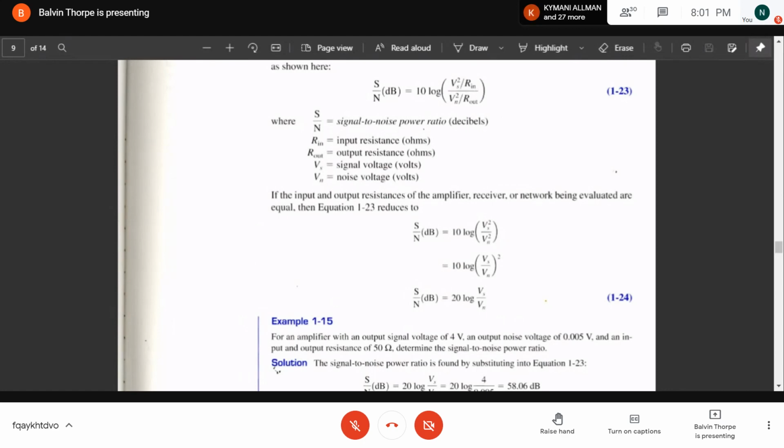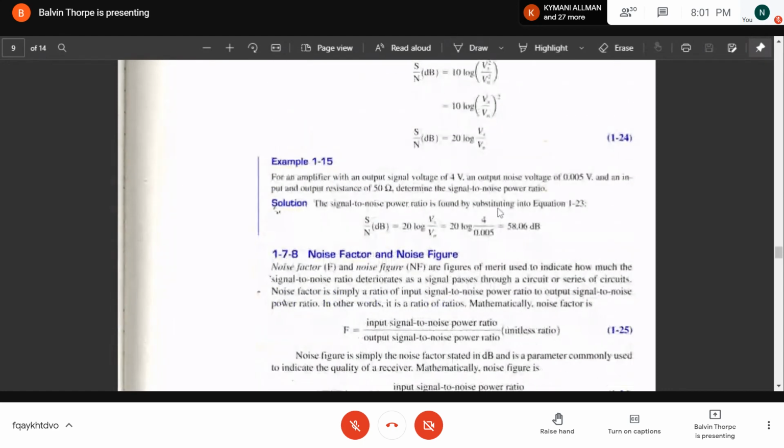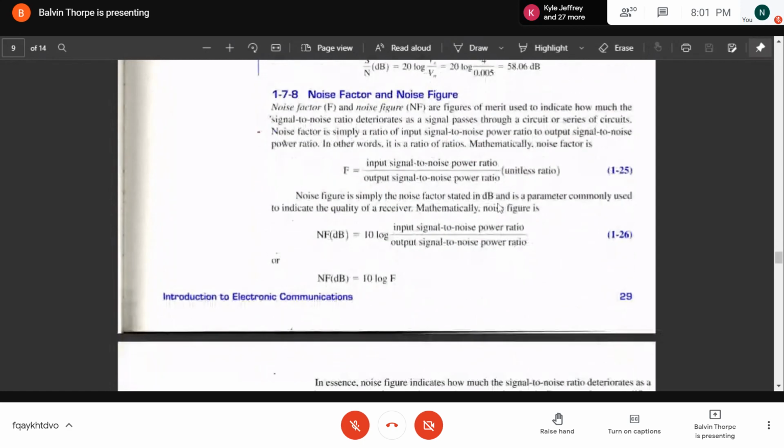All right, so what I want to start looking at, I think we mentioned it last time, was these two parameters that I use as a figure of merit to measure noise and signal strength in a communication system.